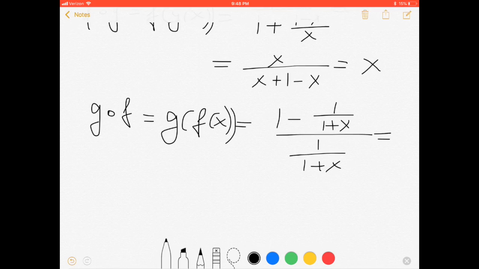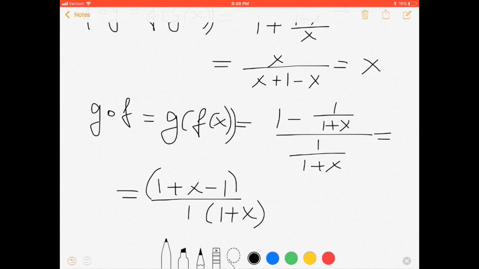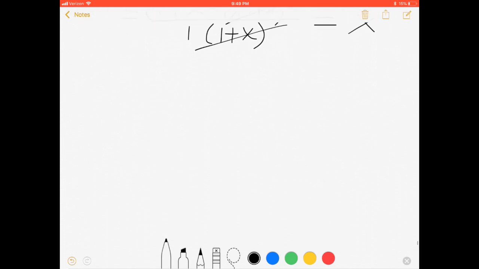Here we have 1 plus x minus 1, divided by 1, and 1 plus x cancels, and finally we have x. Yes, one function is inverse to the other.